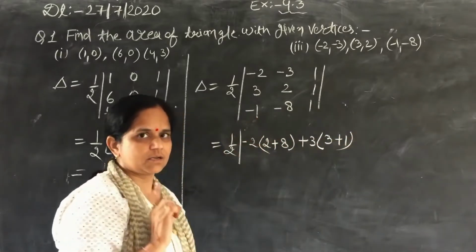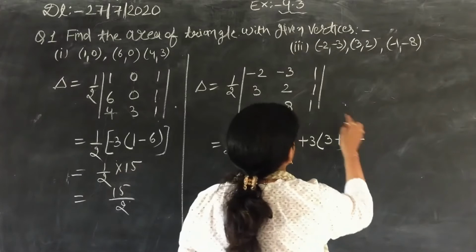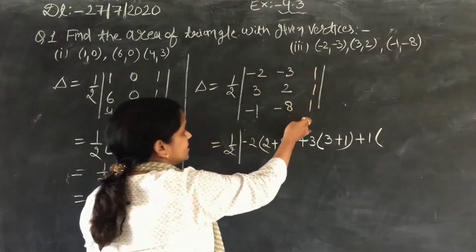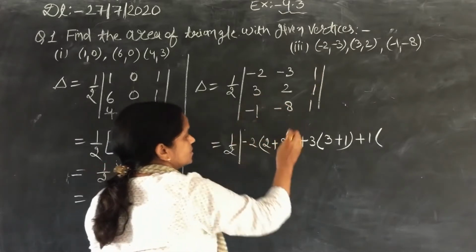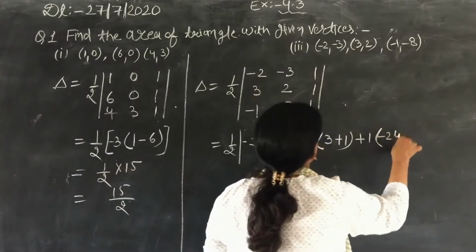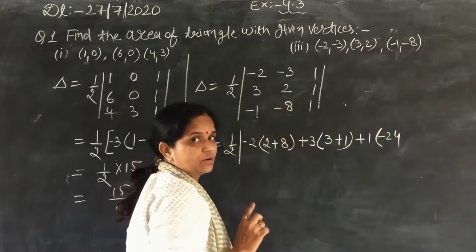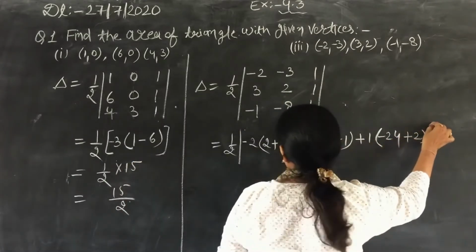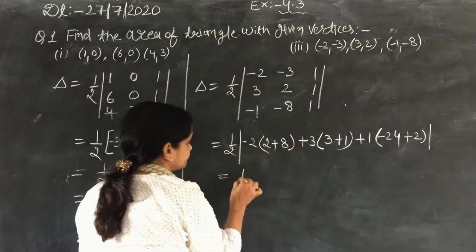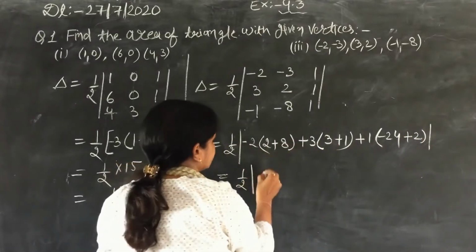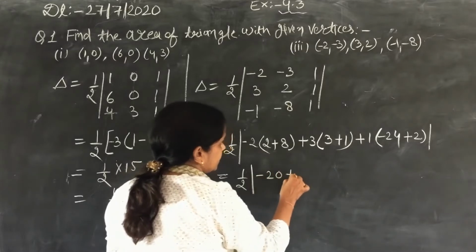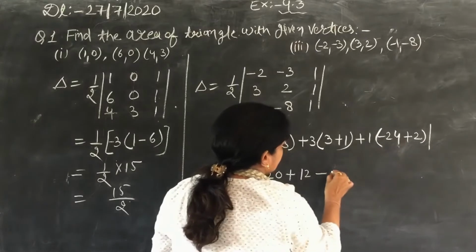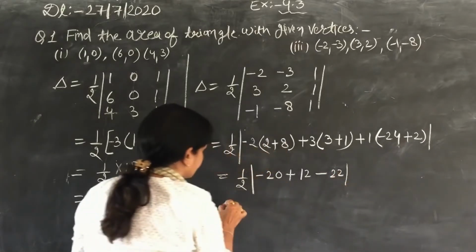Again here it is minus, and next plus 1. First row, third column will cancel student. It is 3 into minus 8, minus 24, and minus 1 into 2, but it is minus, so it will be plus here. Okay. And now 1 by 2, it's minus 20, and 3 plus 1 is 4, 3 fours are 12, and here minus 22 student.